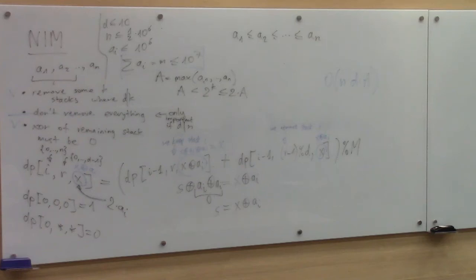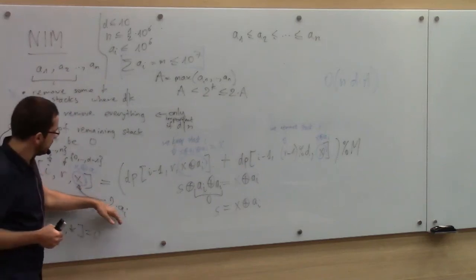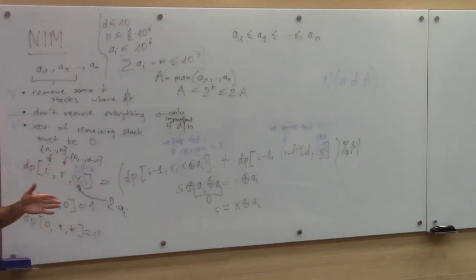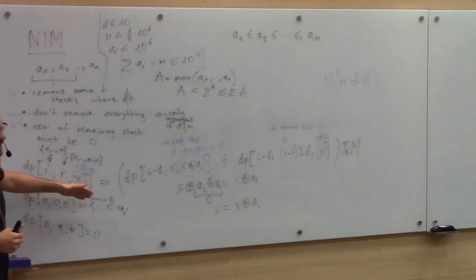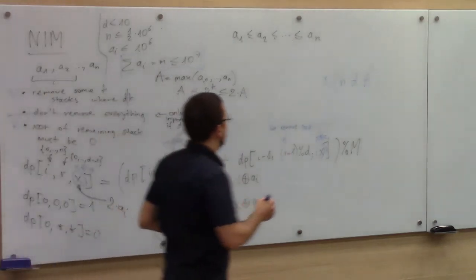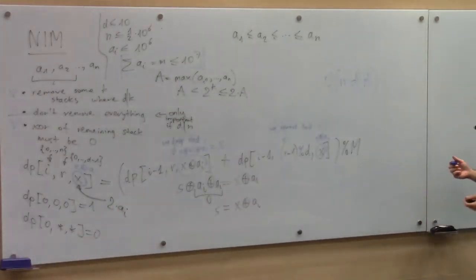Of course, we will use the correct power of 2, but this power of 2 will be between AI and 2 times AI. So let's see what time complexity we will now have.